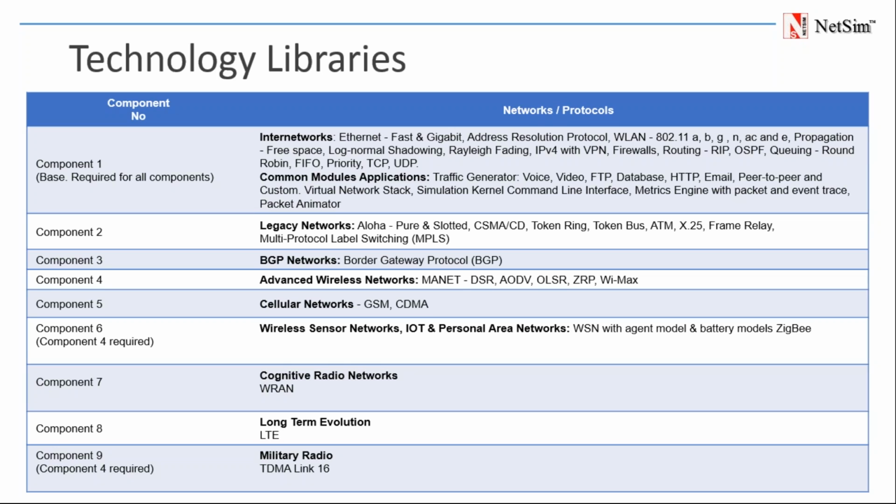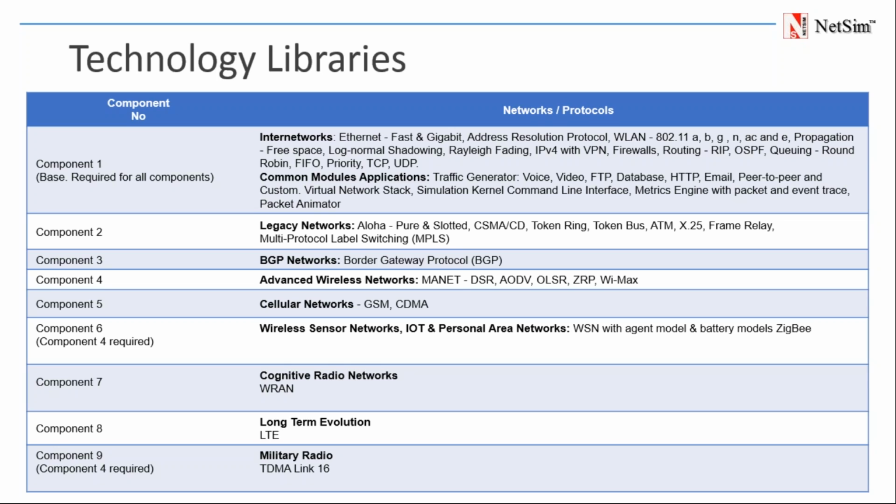For illustration, component 1 consists of protocols implemented in LAN, WAN, wireless LAN like Ethernet, IEEE 802.11 a, b, g, n, ac, and more. Component 1 is the base component, that is all other components require component 1 to run, and it has some common module applications in every network where you can generate kinds of traffic like voice, video, FTP, database, HTTP, email, and other traffic generation.